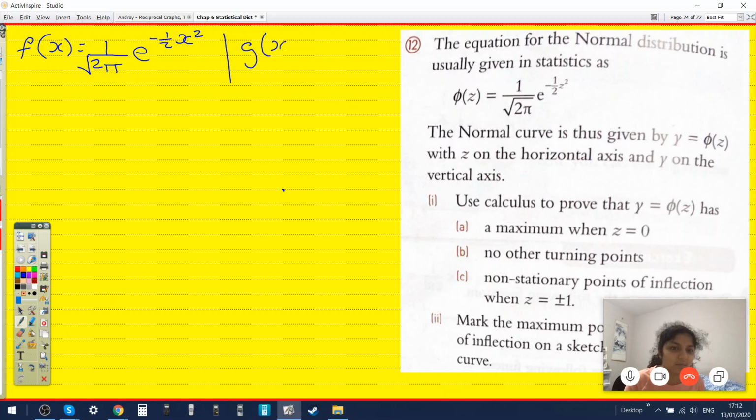Okay, so that's e to the x squared, and so g dash of x... so I suppose if you put in the minus a half, was it? Yeah. So the derivative of that will be minus x, was it? E to the minus a half x squared.